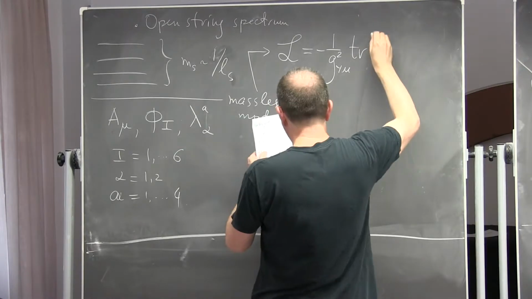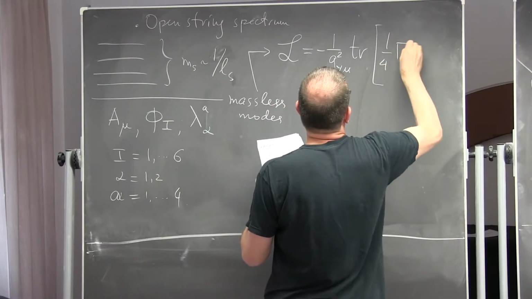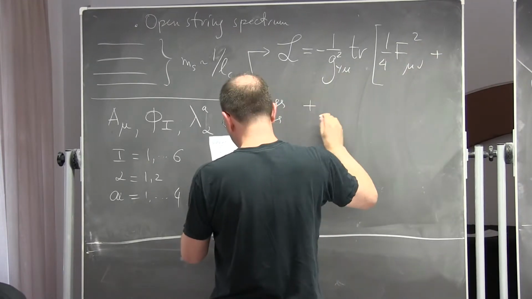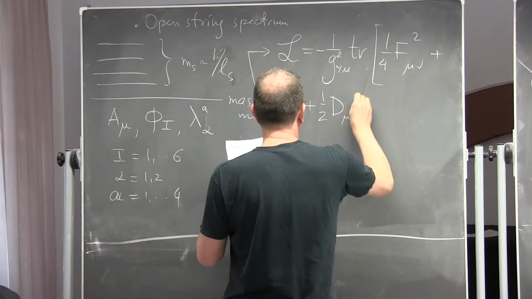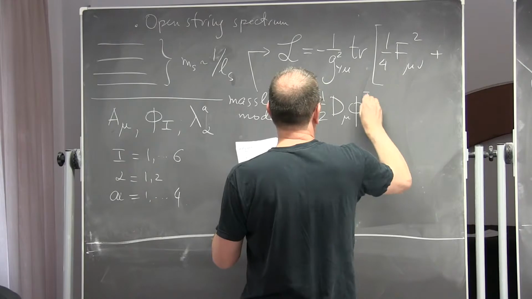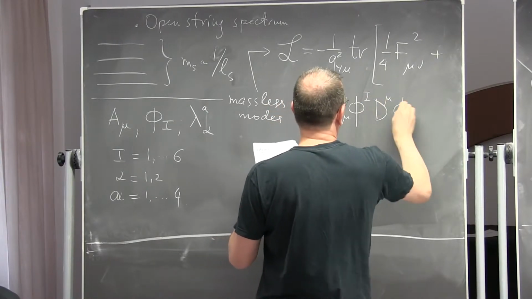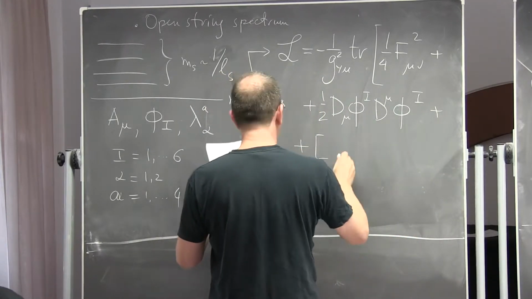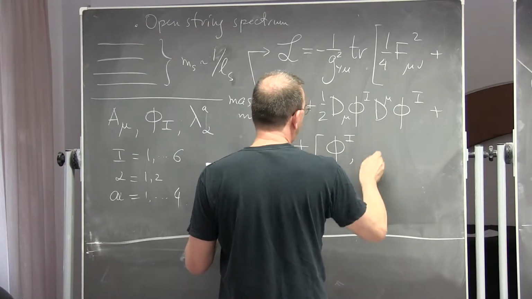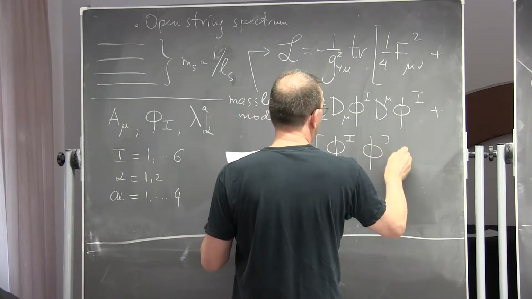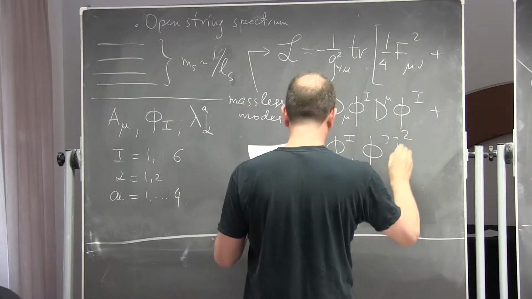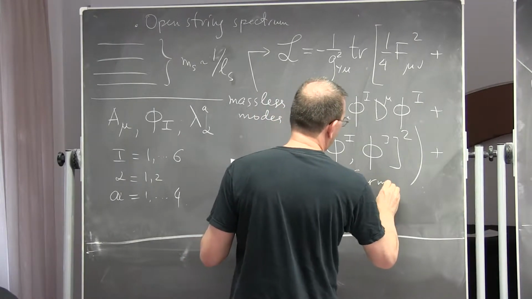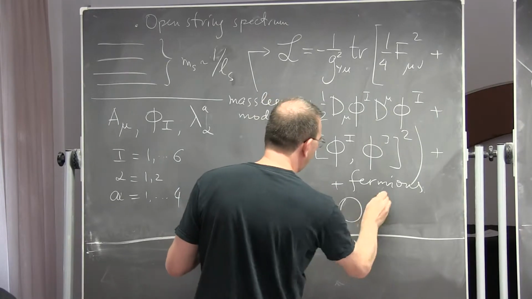Trace, and here I have 1/4 of F_mu nu squared, and then some other fields which are scalars with covariant derivatives acting on them, D_mu phi^I, summation over I. These scalars happen to be matrices, and the potential term involves a commutator squared of these, plus fermions, which I'm not going to write. Fermions plus corrections.